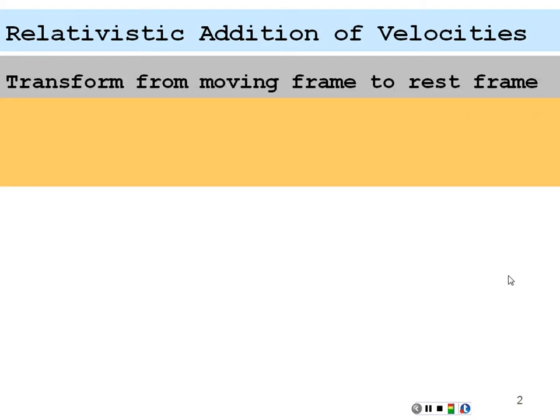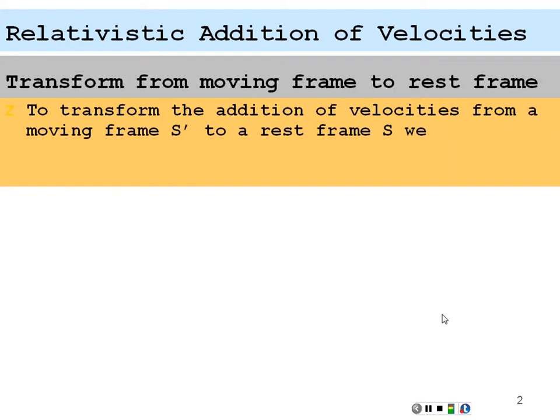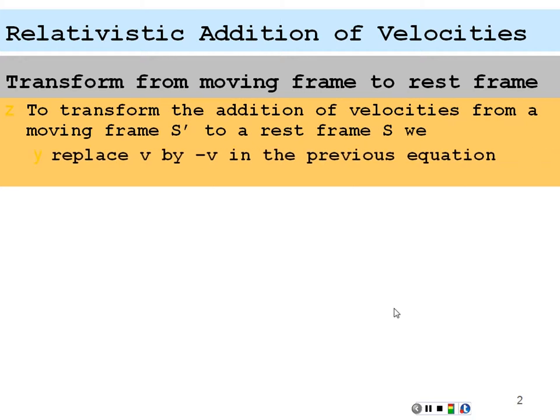Say you want to go the other way around. You want to go from a moving frame S prime to a rest frame S. To do that, you would take the same formula, replace the relative velocity v by a negative v in the equation, and interchange the roles of u sub x and u sub x prime.